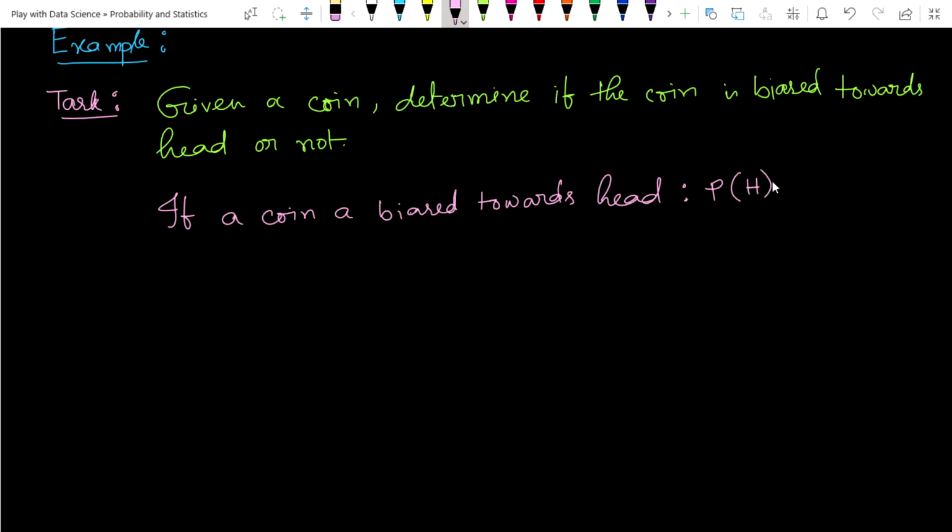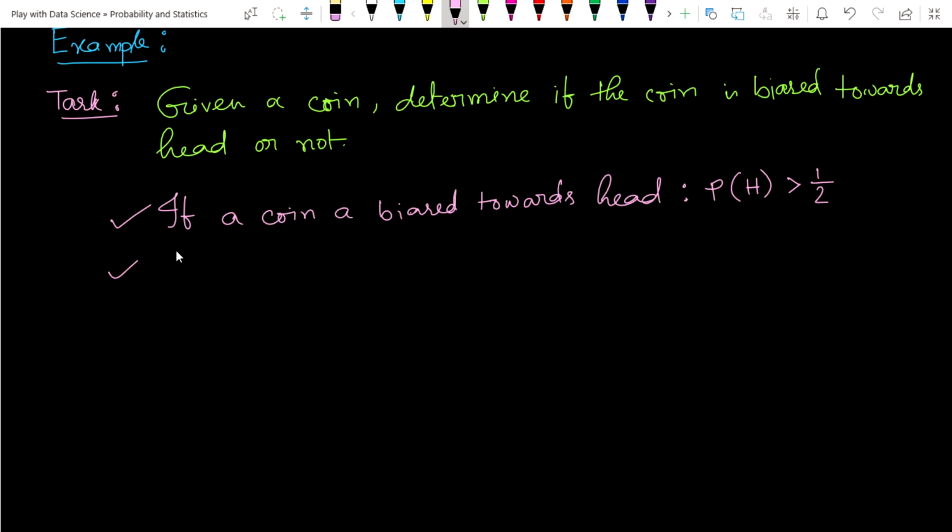If it is not biased, the probability of head and the probability of tail are equal, each half. If it is a coin biased towards head, that means the probability of a head is greater than half.